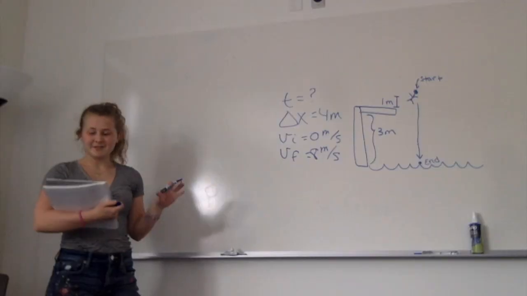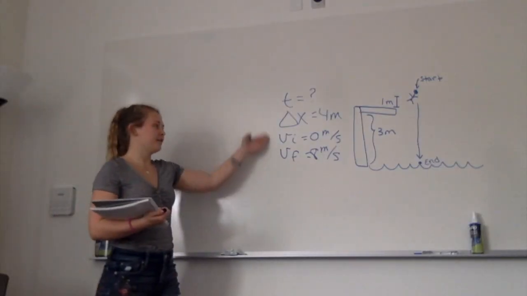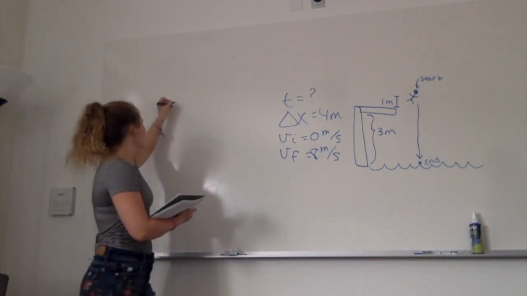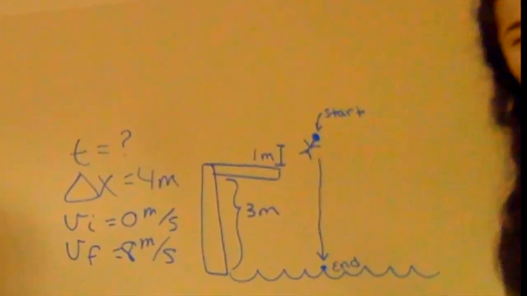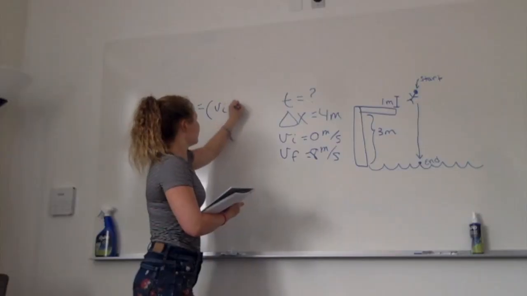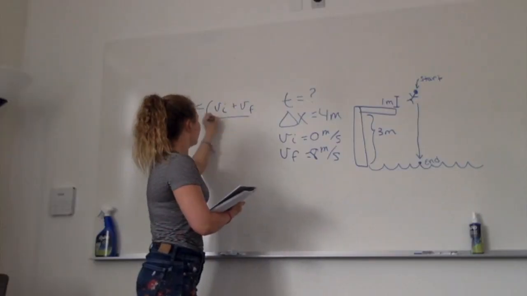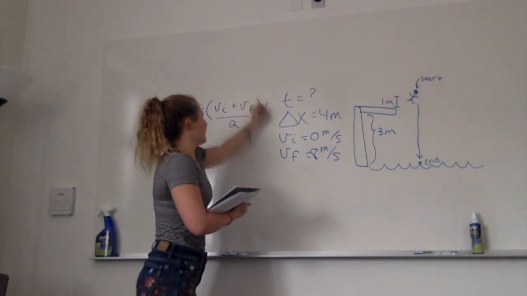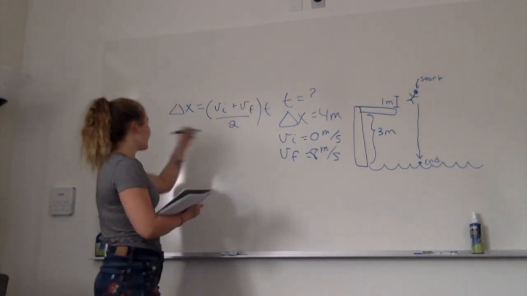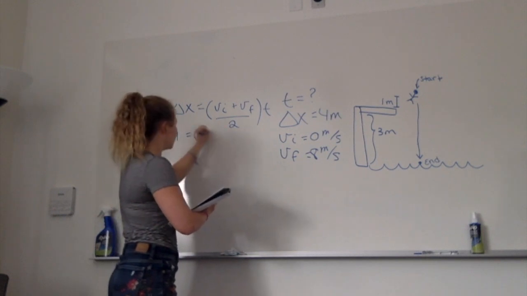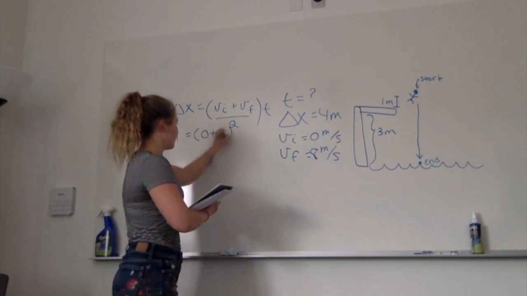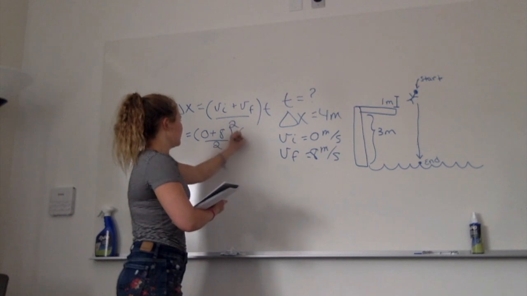Okay guys, so we're going to use that equation and plug in the knowns to figure out the unknown. So change in x equals the velocity initial plus the velocity final over 2, all times the time. So then we plug in the values that we have. So we know that 4 equals (0 plus 8) over 2 times the unknown.